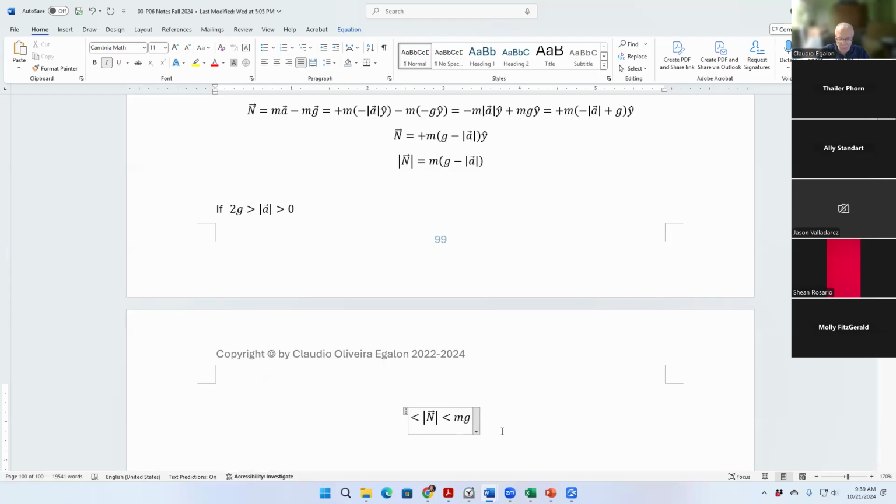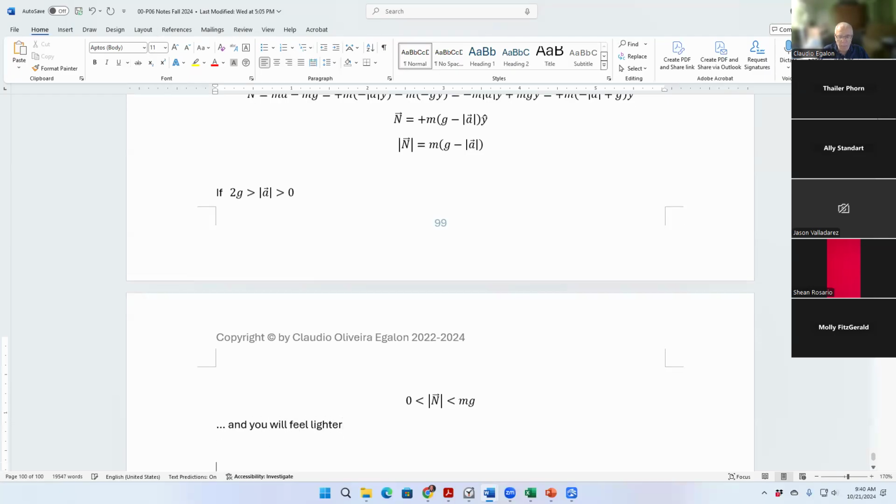Greater than 0. Do you agree with that? Right? You're going to feel lighter. You will feel lighter.